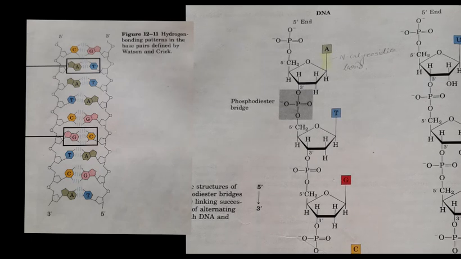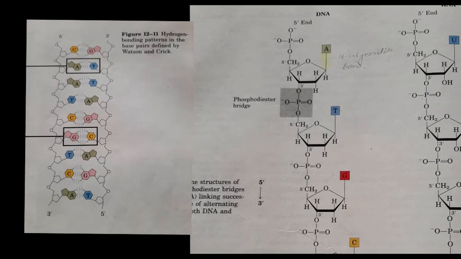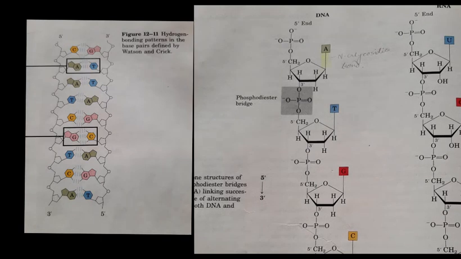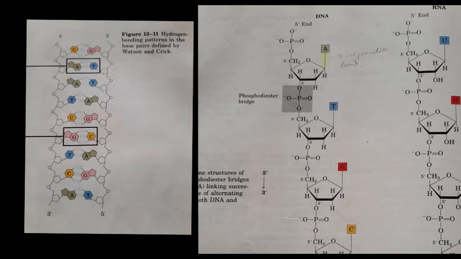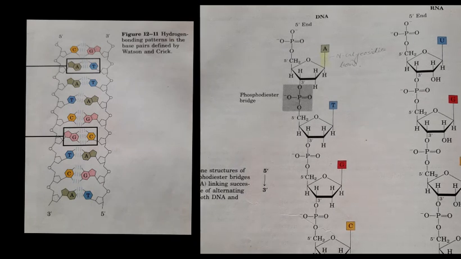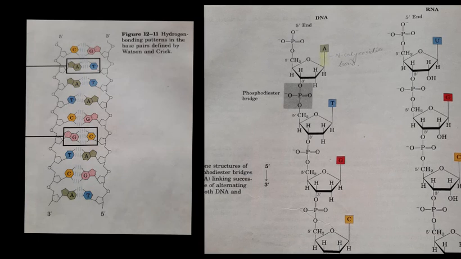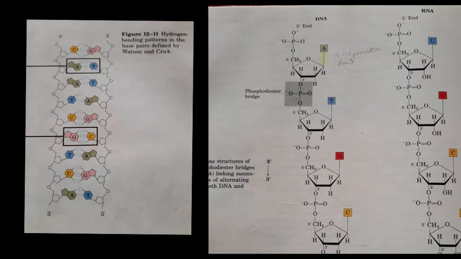And at the 5' carbon position of the sugar, a phosphate is esterified and the nucleoside is phosphorylated.